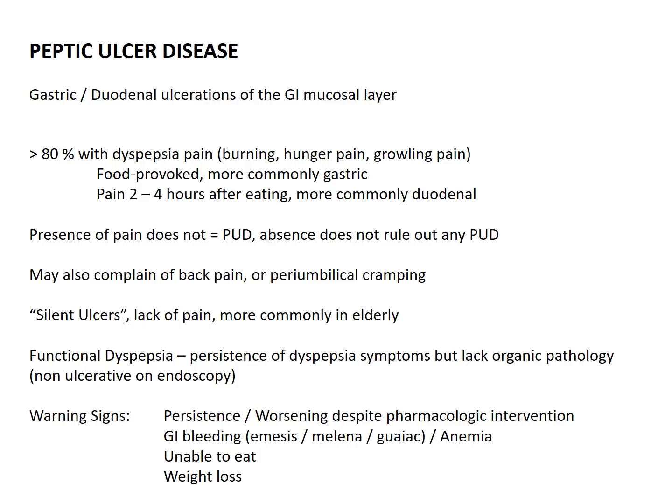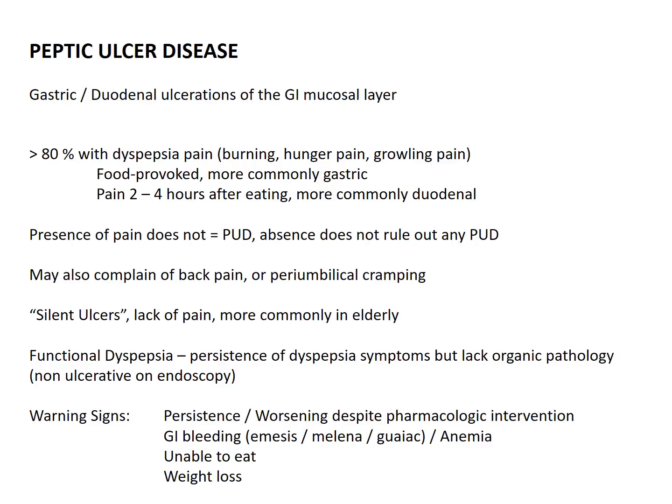So in peptic ulcer disease, we're referring to gastric and duodenal ulcerations of the GI mucosa. About 80% of individuals with one of these will be symptomatic, typically having that epigastric dyspepsia pain, usually referred to as burning or a type of hunger or growling pain.